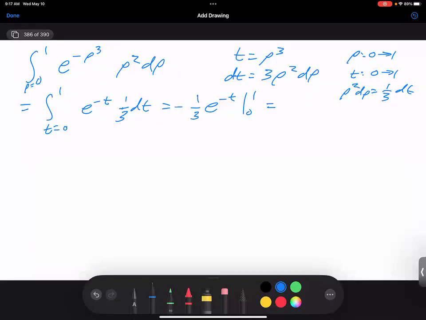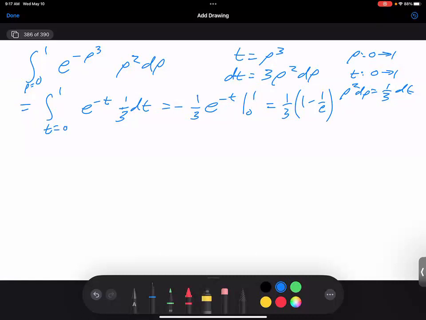I have a negative 1/3 e to the negative t at 1 and 0. So I would get 1/3 of 1 minus 1 over e, I believe. Because when t equals 1, I get negative 1/3 times 1 over e. When t equals 0, I get 1/3.